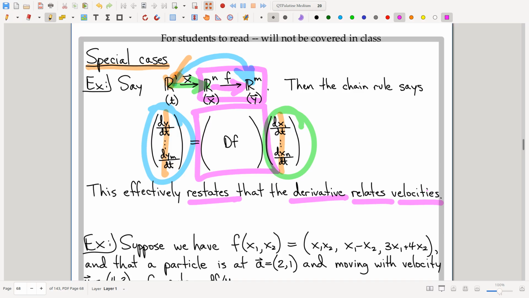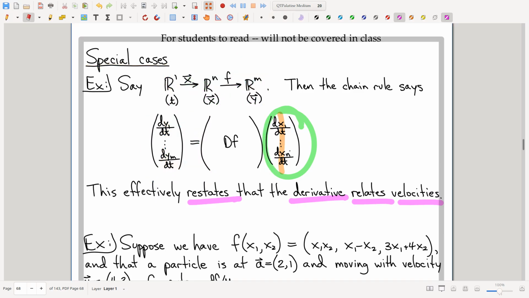They turn input velocities into output velocities. In some cases you'll find statements of this sort referred to as statements about derivatives, and in other cases people will talk about them as being because of the chain rule. Take your pick.